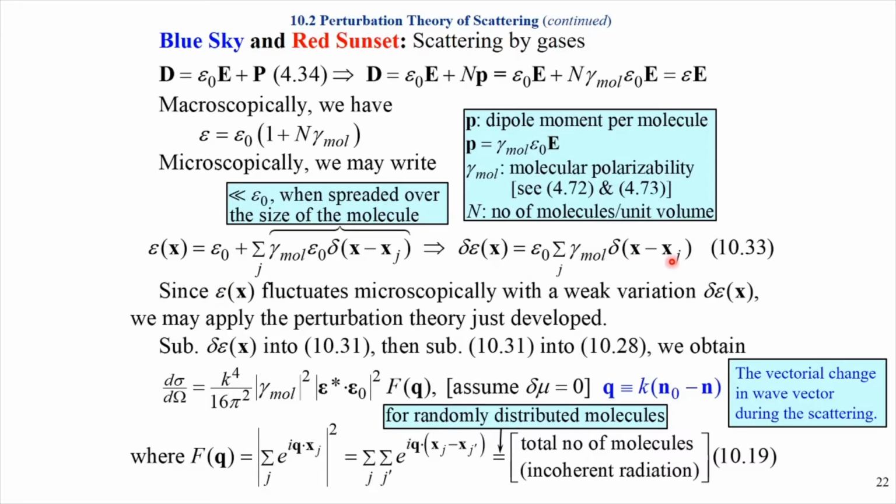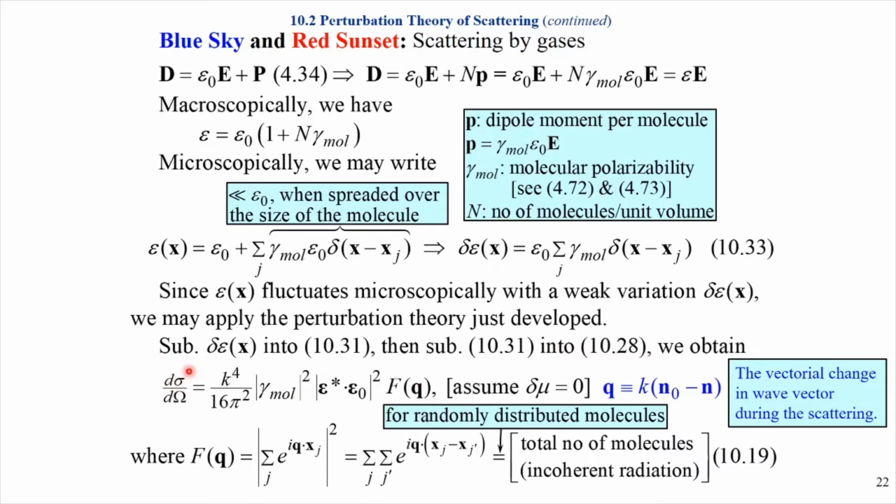Otherwise, nothing. With a very weak variation of delta epsilon(x), we may apply the perturbation theory we just developed, substituting delta epsilon into this one and substituting 10.31 into 10.28. Eventually, we get these relations.